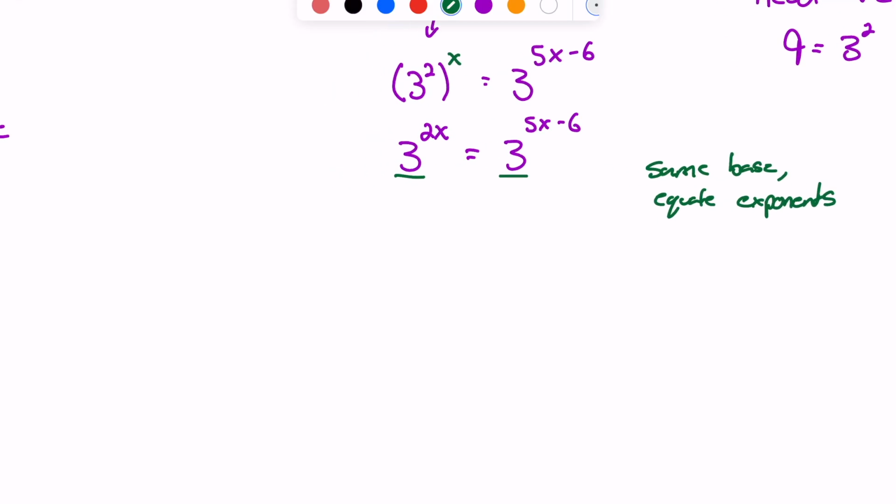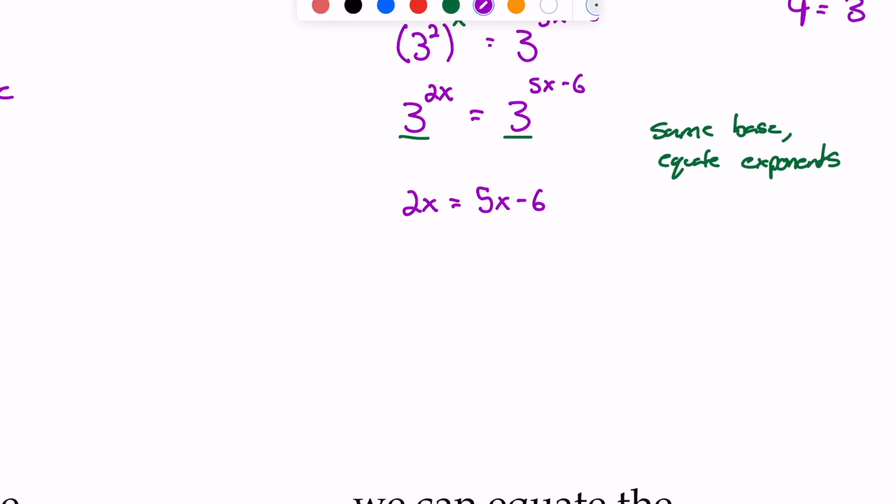So now I can take that 2x and set it equal to 5x minus 6, because in order for these same bases to be equal to each other, they have to be put to the same power. It's like 3 squared has to equal 3 squared. It's not like I can have 3 to the 4 or something, right? Like these need to be equal to each other. That's what this equal sign means. So I have to equate exponents. So 2x equals 5x minus 6.